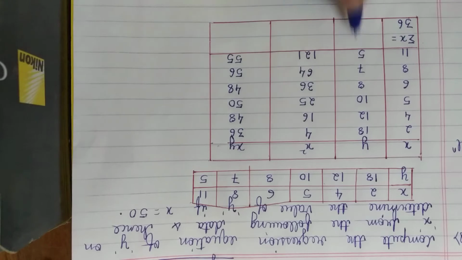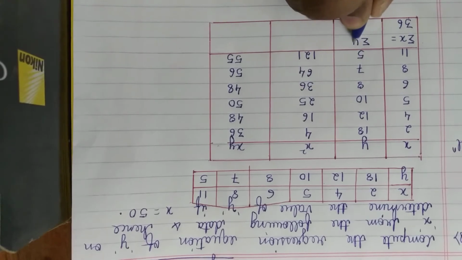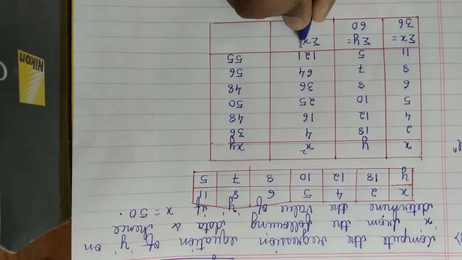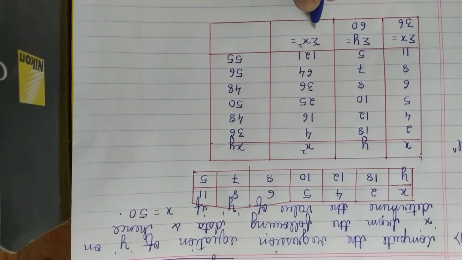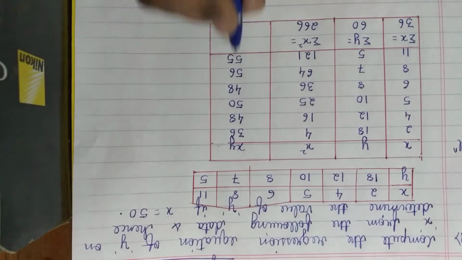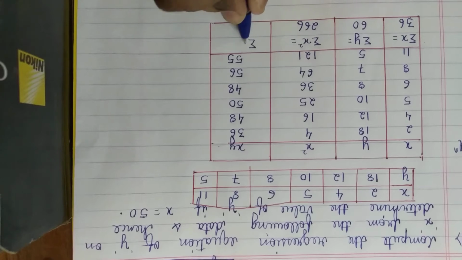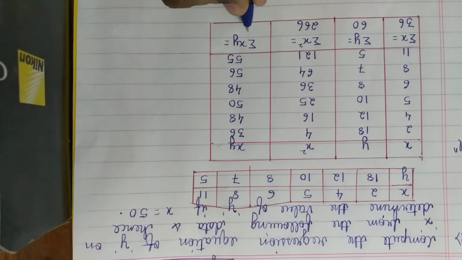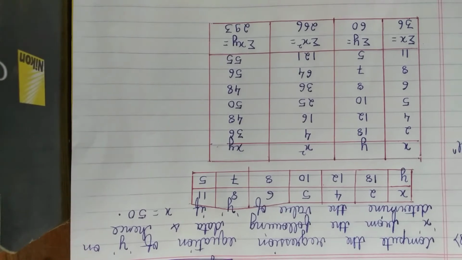Add up all these values, summation y equal to 60, summation x square equal to 266. Then add up all this, summation xy, that is x into y, is equal to 293. So these are the values you will get after adding up.